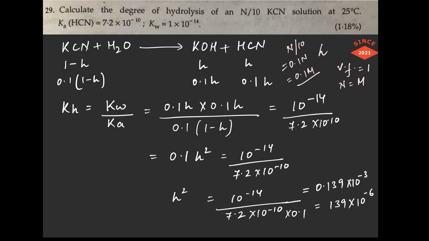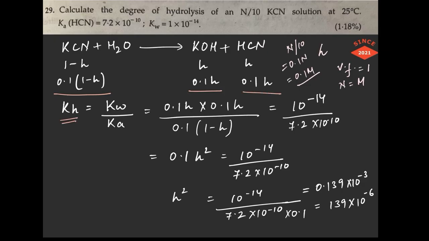So if the initial concentration is 0.1 mole per liter, then the final concentration will be, multiply all the values by 0.1. So the remaining KCN concentration becomes 0.1 into (1 minus H). KOH formed is 0.1 H and HCN is 0.1 H, right?